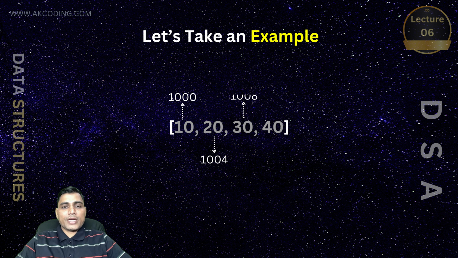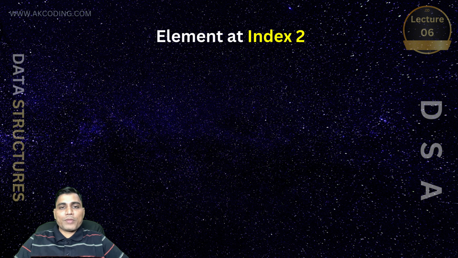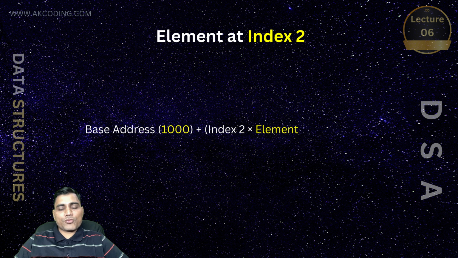Now, when you ask for the element at index 2, the computer calculates the memory location: base address, that is 1000, plus index 2 multiplied by element size, that is 4, equals 1008. 1008 is the address of 30. You can directly access the value 30. It will not take any time.